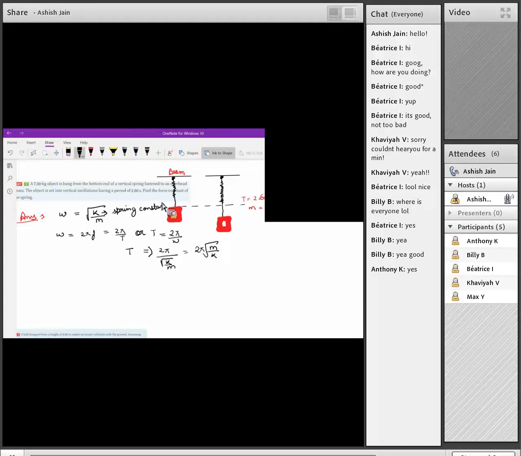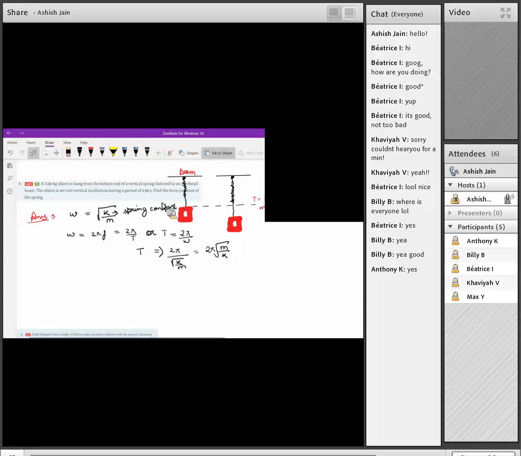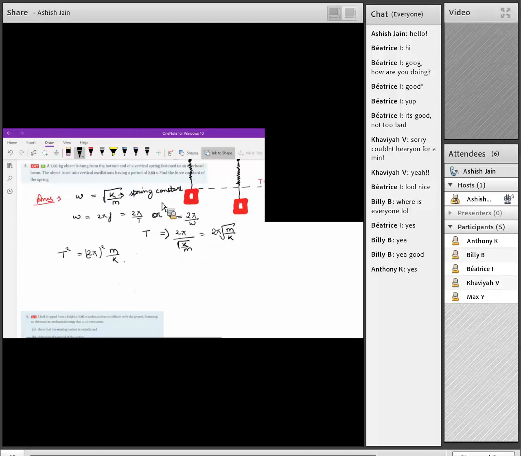Therefore, we have to find the spring constant. Now I can find directly from this equation. T square can be written as 4 pi square M by K. K can be written as 4 pi square M by T square.